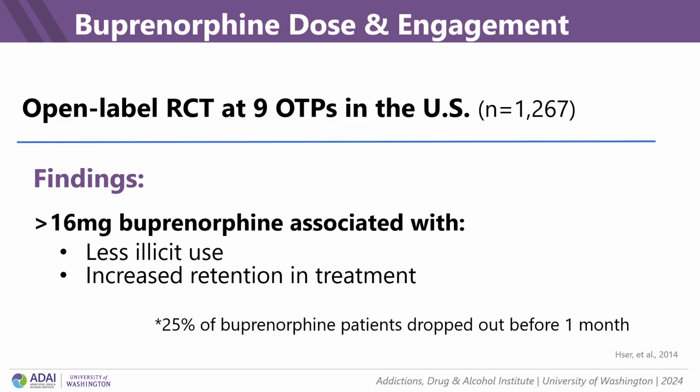Another finding was that about 25% of buprenorphine patients dropped out before the end of month 1. This suggests that the first month of treatment is an important time to ensure that patients are on an adequate therapeutic dose to ensure better treatment outcomes.